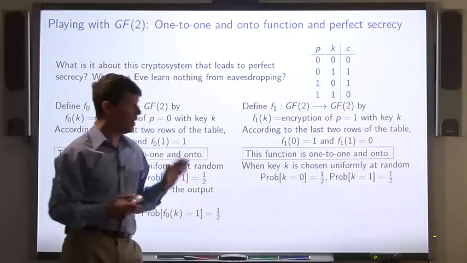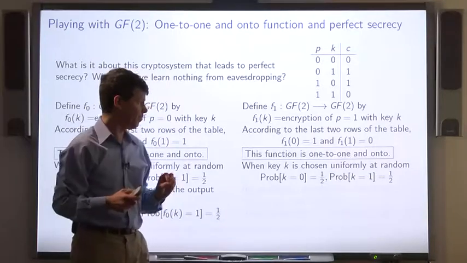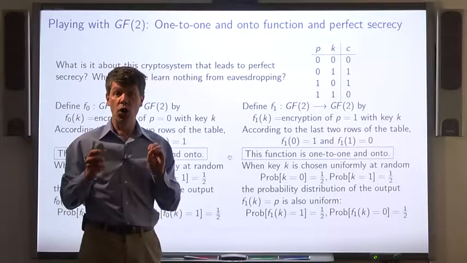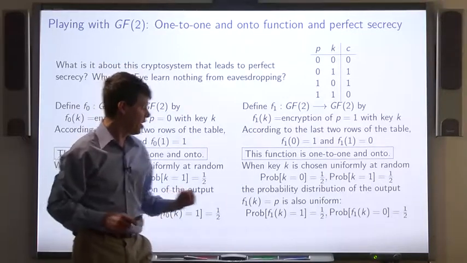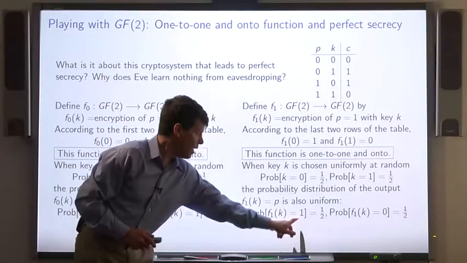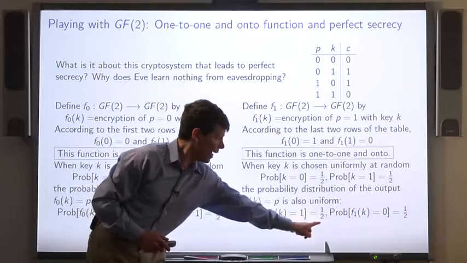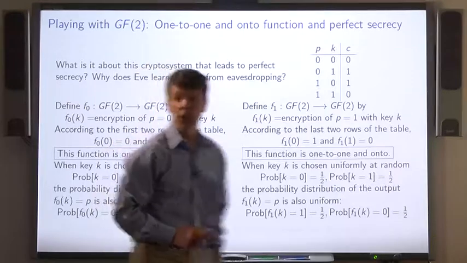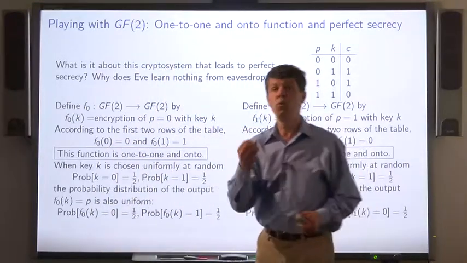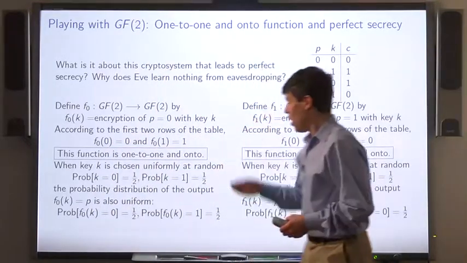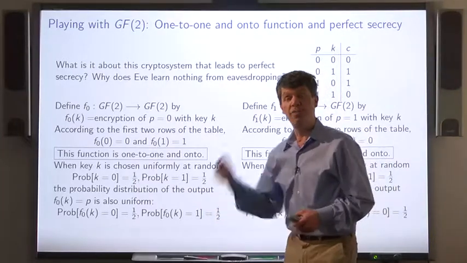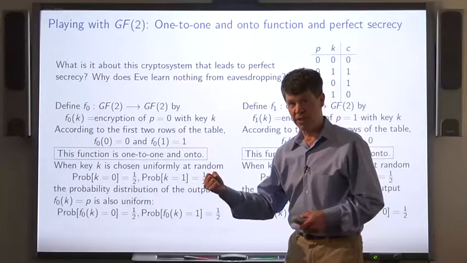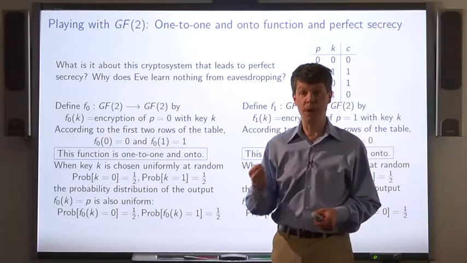And so when the key is chosen uniformly at random, the probability distribution of the output is also uniform. That is, the probability that the ciphertext is 1 is 1/2, and the probability that the ciphertext is 0 is also 1/2. So it seems, regardless of what the plaintext is, the probability distribution of the ciphertext is uniform: 1/2 probability of 0 and 1/2 probability of 1.